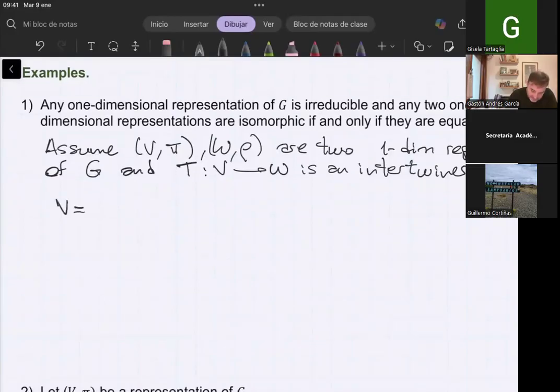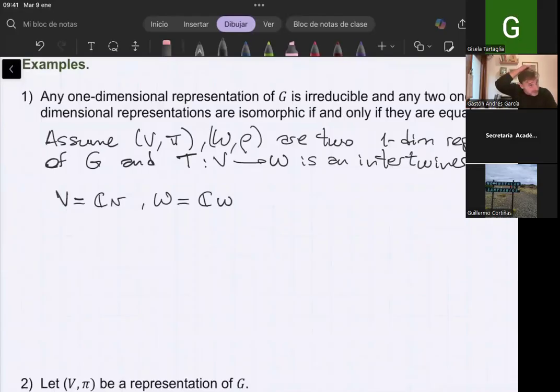So let's write V as the multiples of one element V0, because it is one dimensional, and W as the multiples of an element W0, also because it is one dimensional. So by definition, we have that T of x acting on an element v of the vector space V is exactly x acting on T of v.